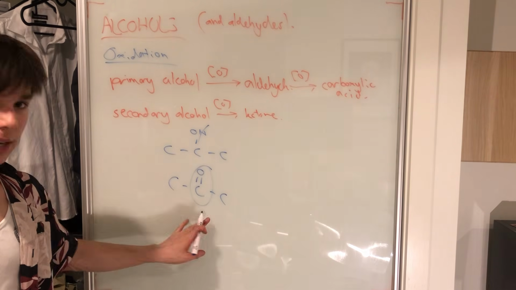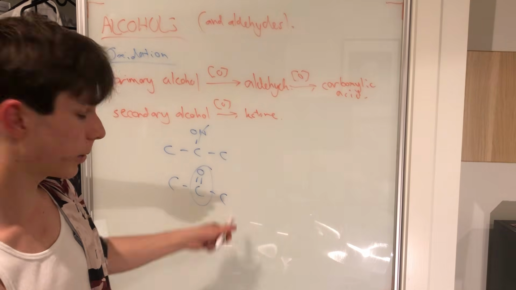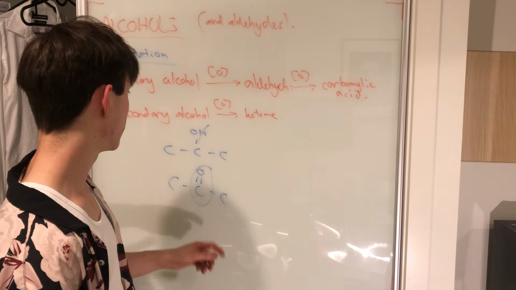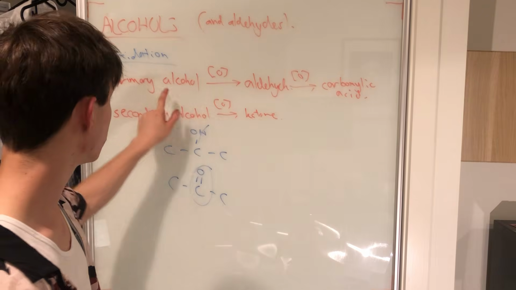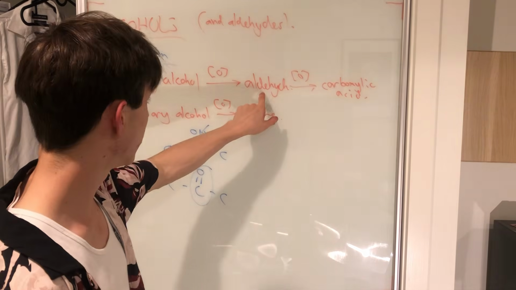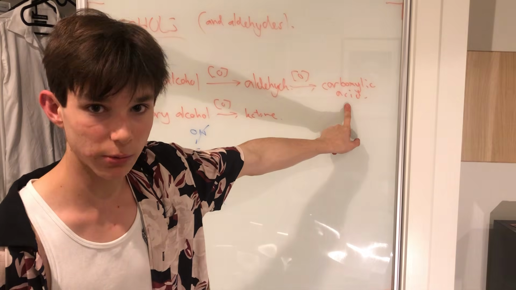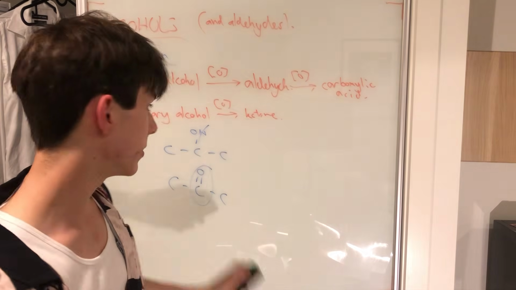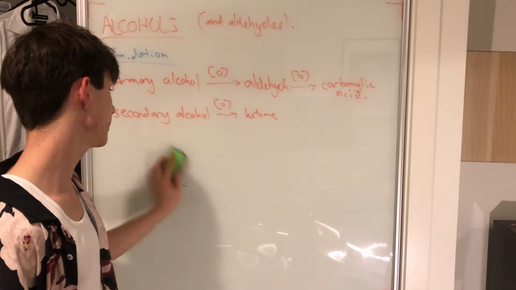Carbonyl group in the middle of the chain, it's a ketone. To be an aldehyde, the carbonyl group needs to be at the end of the chain. So a secondary alcohol gives me a ketone. Primary alcohol gives me an aldehyde. Now the important thing about that is aldehyde can be oxidized into a carboxylic acid. Ketone cannot be oxidized further. Yeah?